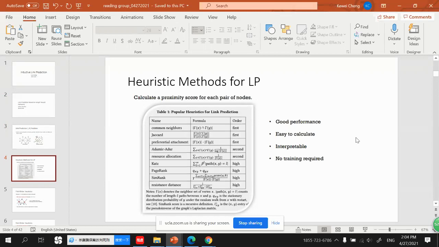All of these methods have very good performance on link prediction, they're easy to calculate, and they also have very high interpretability. The most important part is that no training is required in order to calculate this score.